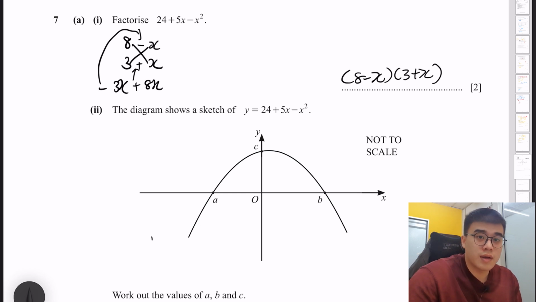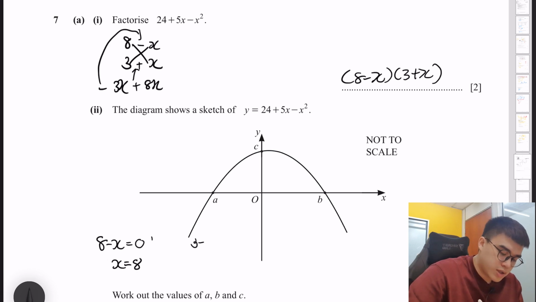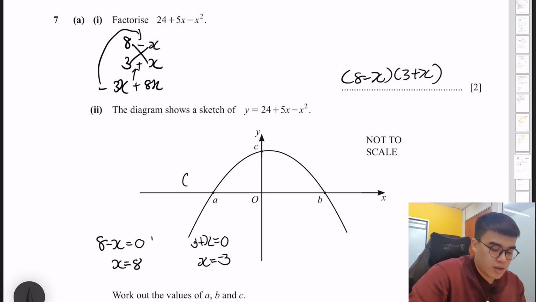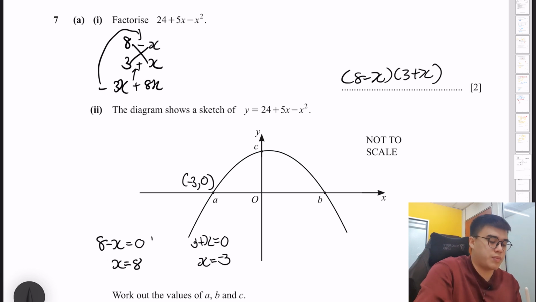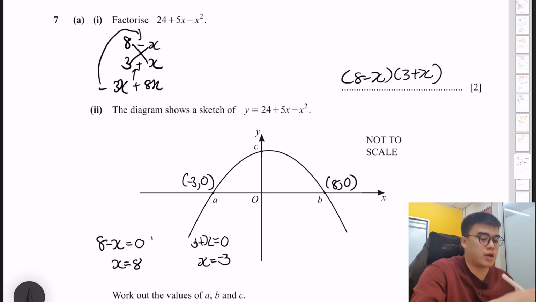Okay. Moving on, what we have will be part 2, where you have to find A, B, and C. So for us to get A, 8 minus x equals 0, x equals 8, and 3 plus x equals 0, x equals negative 3. So your A's coordinate will actually be negative 3, 0, and your B's coordinate will be 8, 0. So with these two being done, the C you actually don't have to calculate because it is basically when your x equals 0.